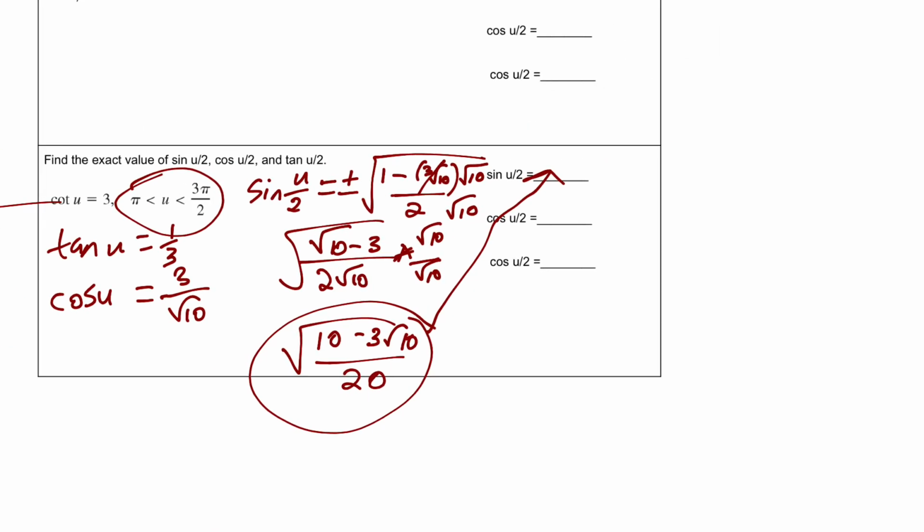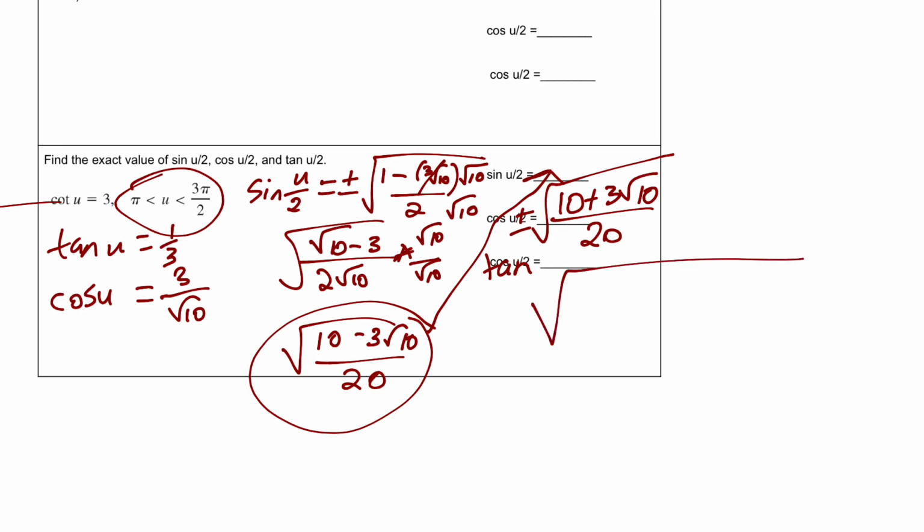And I follow those same steps, and for cosine, I end up with 10 plus 3 root 10 all over 20, plus or minus square root of. And then for tangent, it's the ratio between the two, so it ends up being the square root of 10 minus 3 root 10, which is sine, divided by 10 plus 3 root 10, which is cosine.